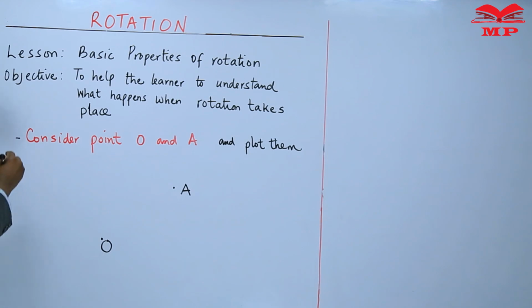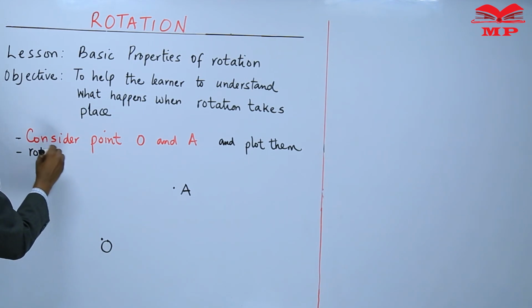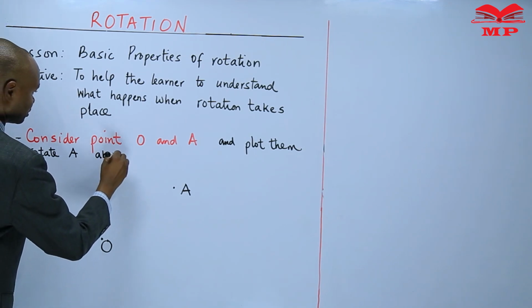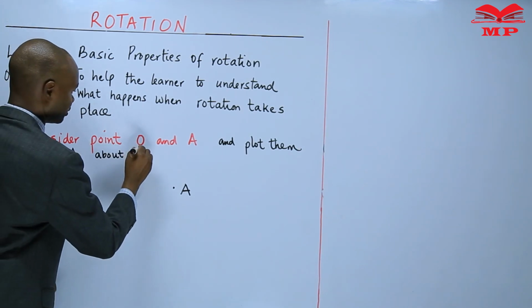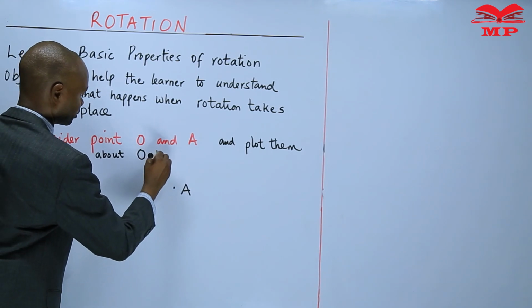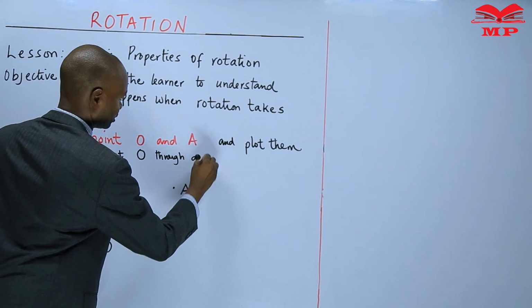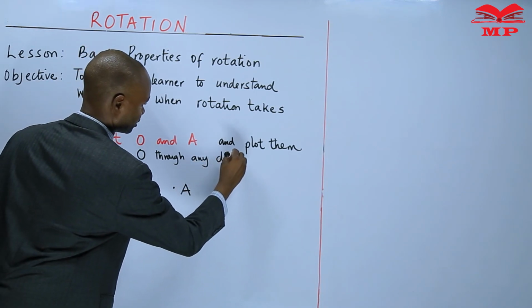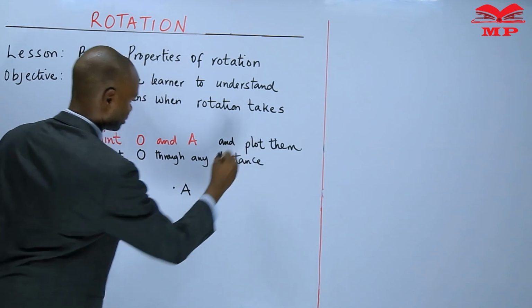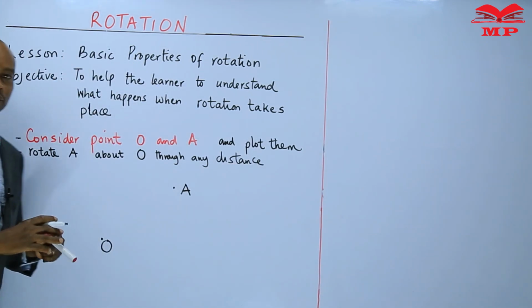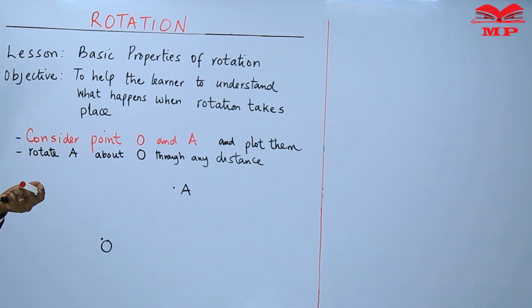We can then say, rotate A about O through any distance. From this, the properties will easily come about.